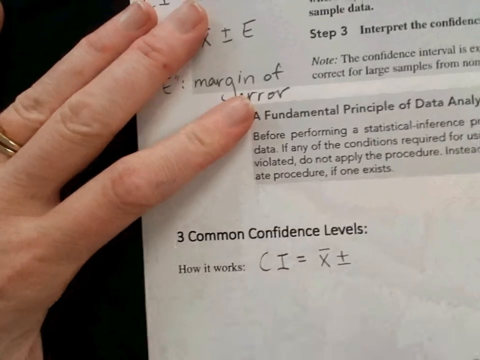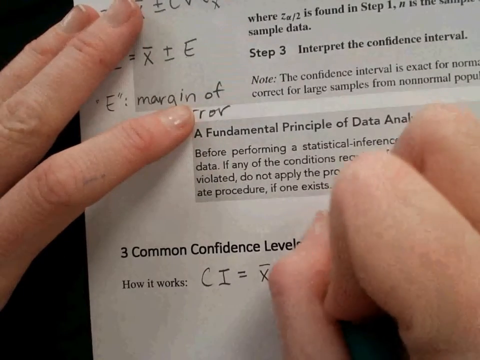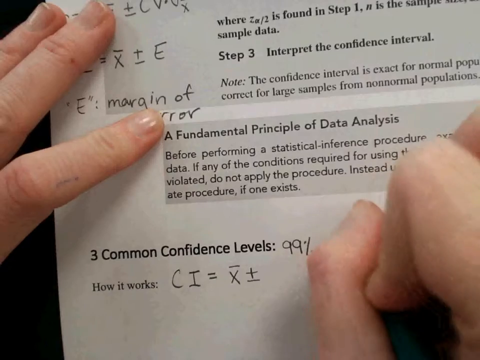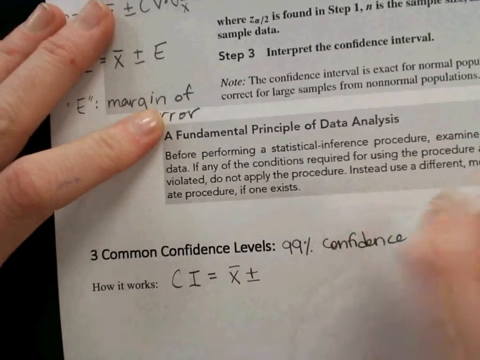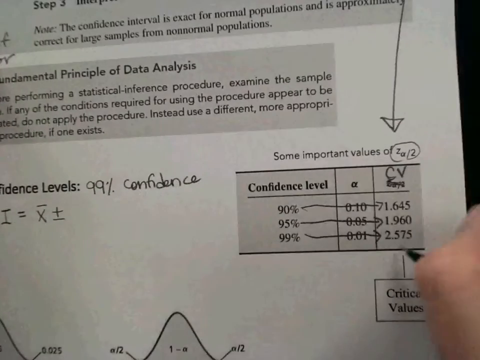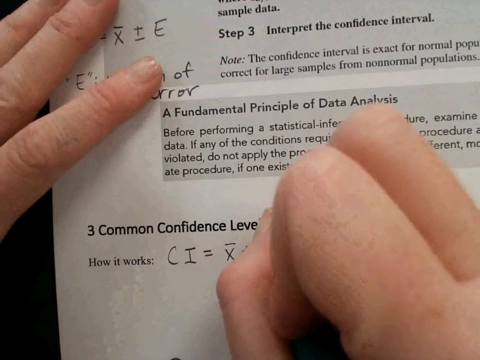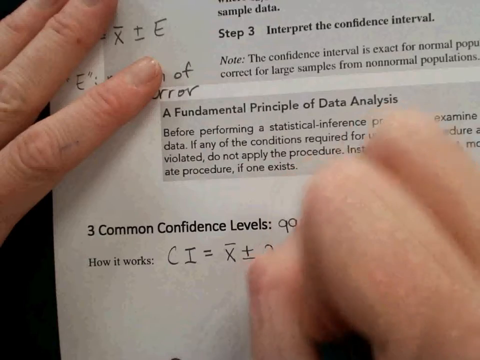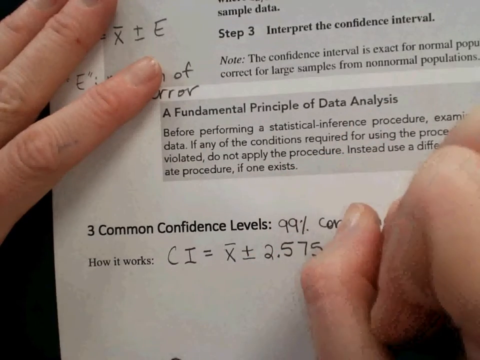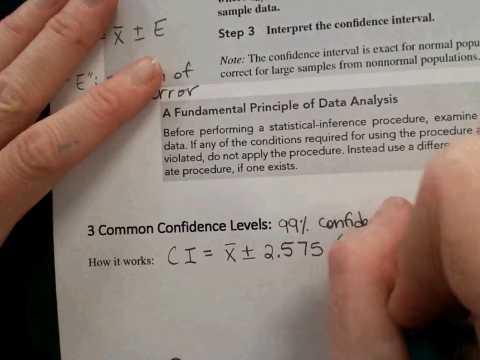Let's do 99%. 99% confidence level. So that means I'm going to use the number 2.575. So X bar plus or minus 2.575, and then times sigma over radical n.